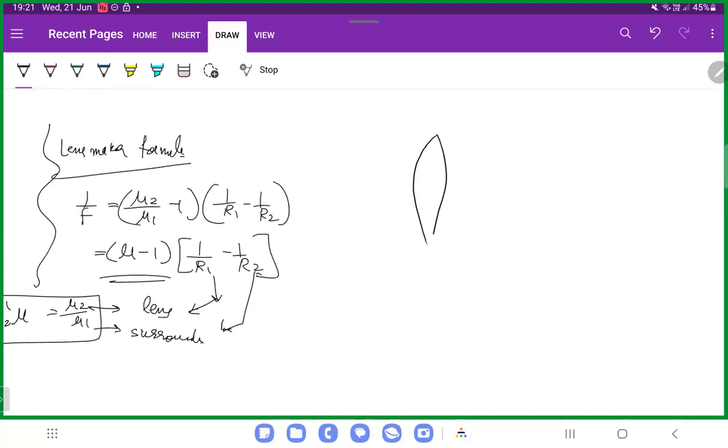Let me draw one lens. Let me show you one. Remaining you can do in the same manner. So this is your lens. It's moving from, let's take here, rarer. This is your denser. So rarer to denser. So object distance or position. Let's draw the object here.